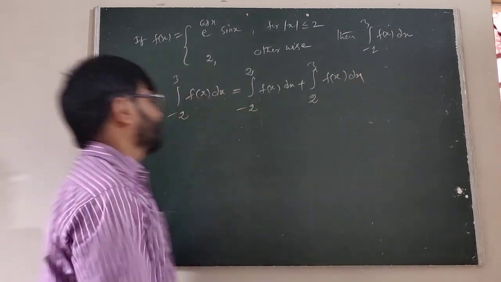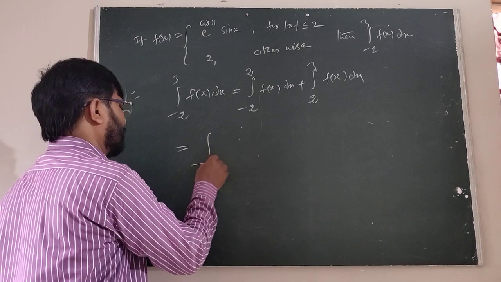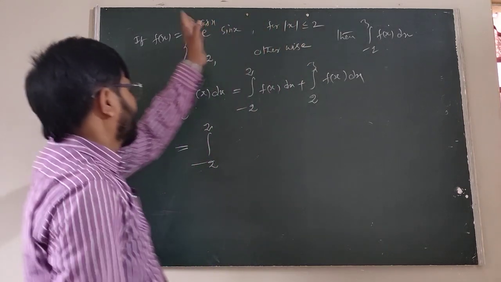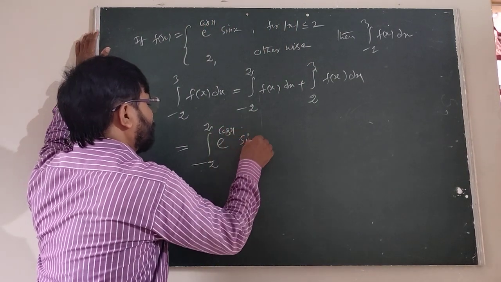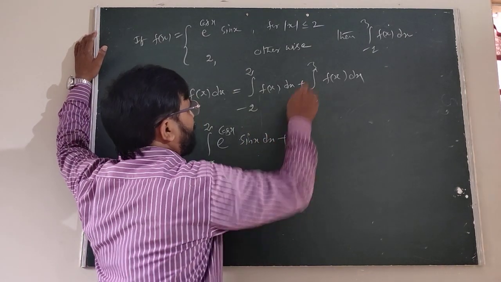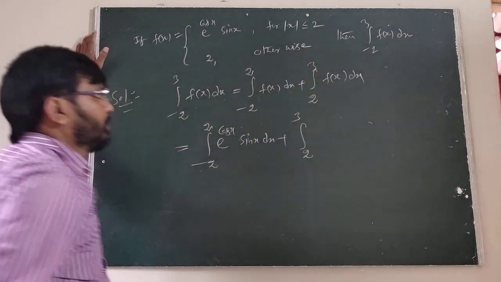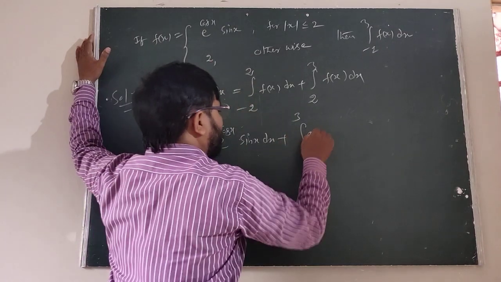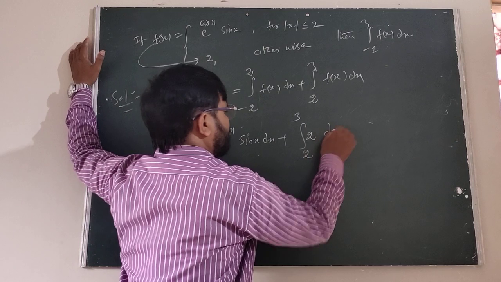When the limits are minus 2 to 2, that is less than 2, we take the function e power cos x into sin x dx. Otherwise, greater than 2, that means 2 to 3, it is given that f of x is defined by 2. This is the dx.